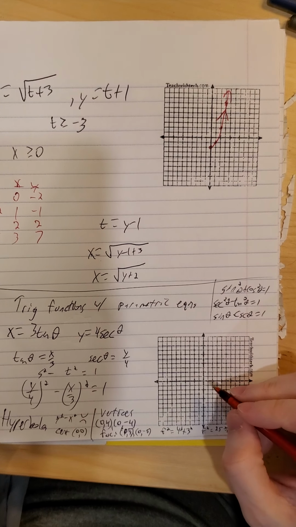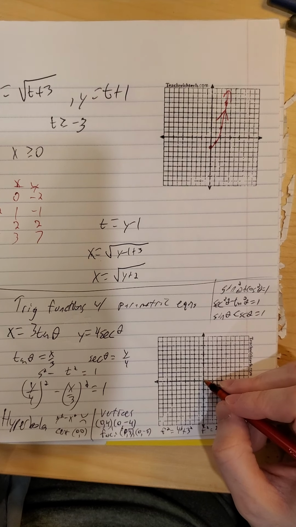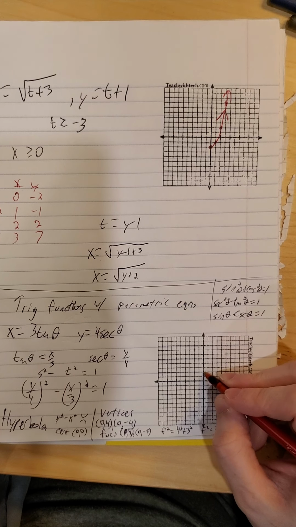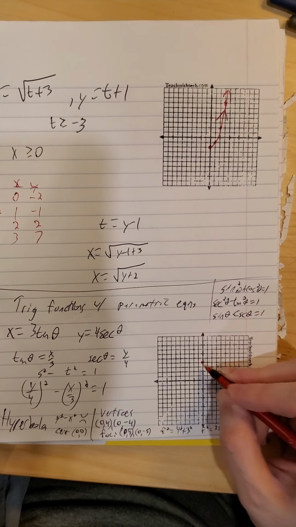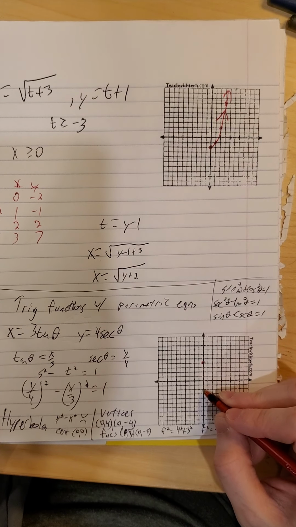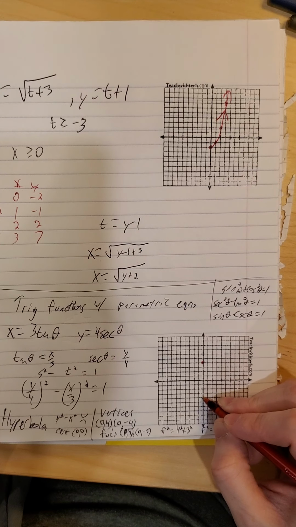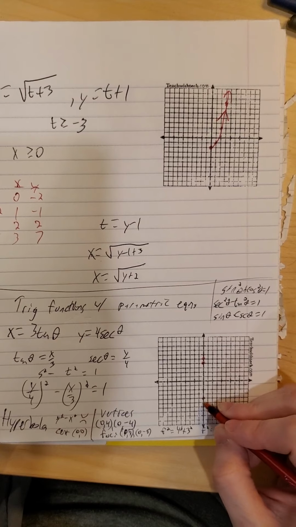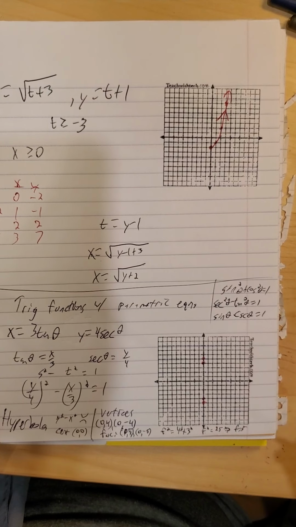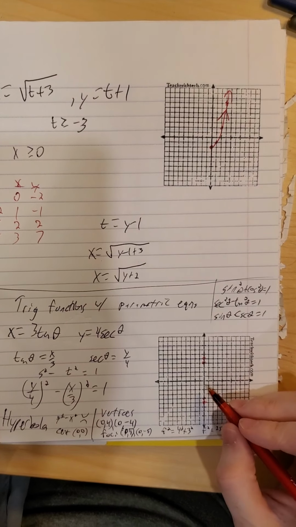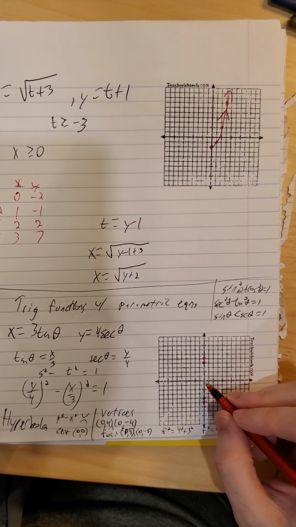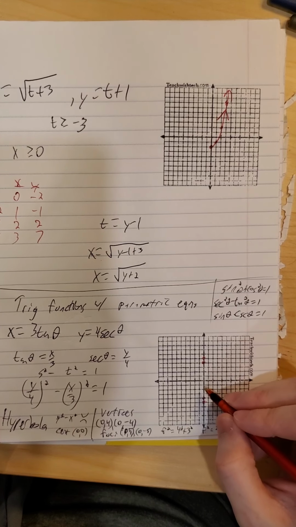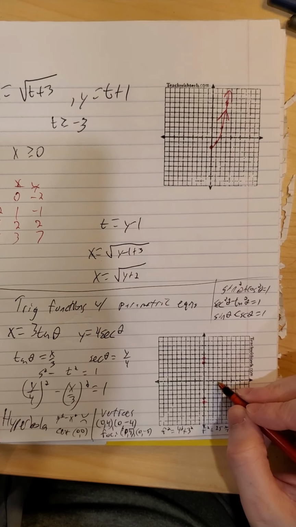So let's put what we've got so far. So here's our center, vertices at 4, 0, and negative 4, 0. Foci 5 each direction. And then if this were an ellipse, we would have gone left and right 3. So that'll help make our little box here.